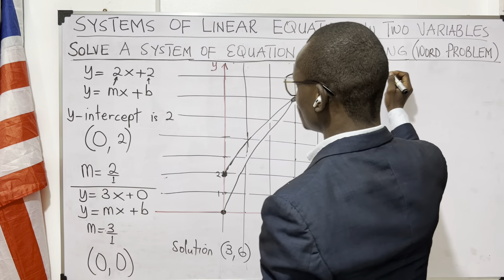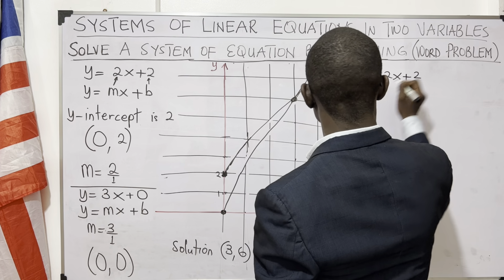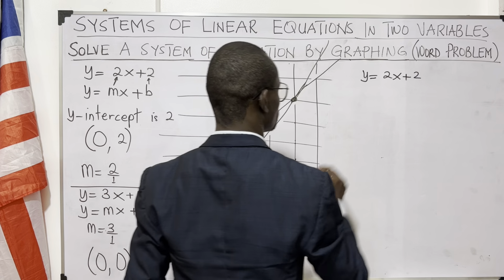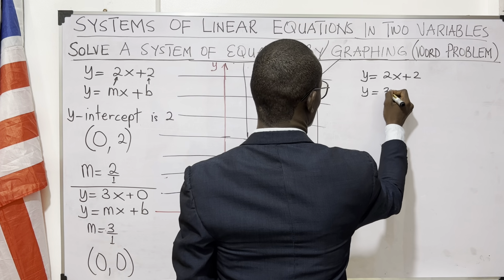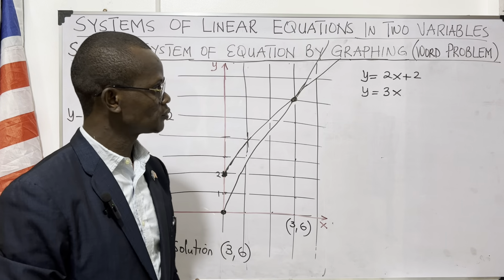Take the two equations: y equals 2x plus 2, and y equals 3x. We can use substitution. There's equation number 2 and equation number 1, so we take equation 2 and put it within equation 1.